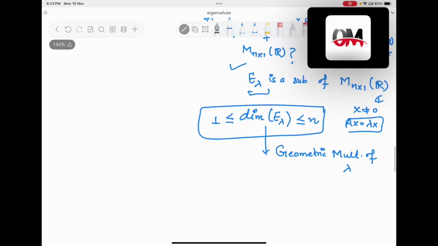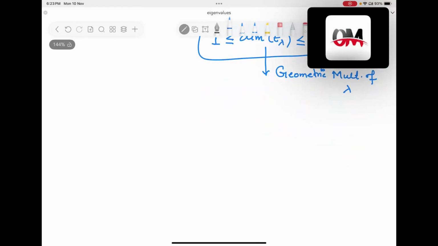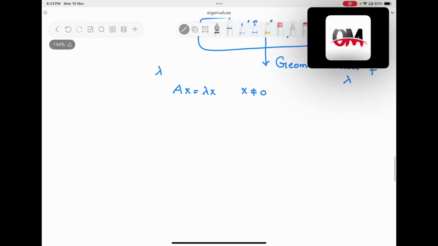Okay, now let's come back to the definition of eigenvalue. So we said lambda is an eigenvalue of A if Ax equals lambda x, right? And for some non-zero x, right?